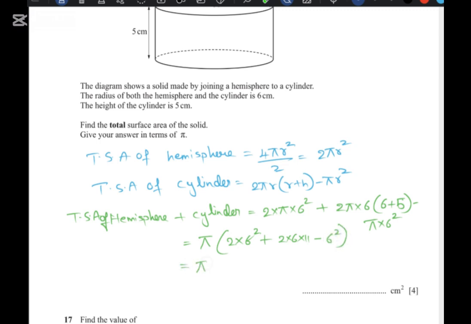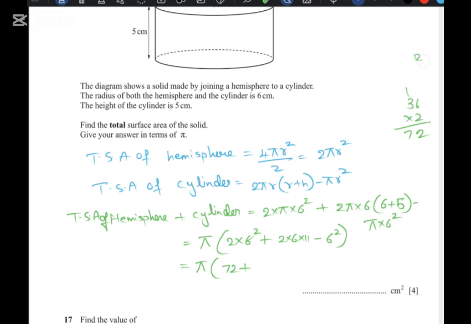So pi into 6 square is 36. 36 into 2 is 72. 72 plus 2 into 6, which is 12.